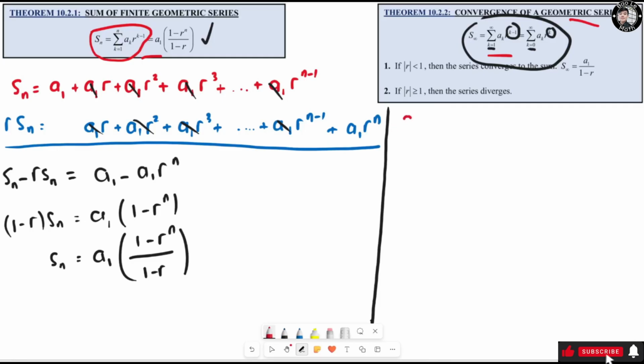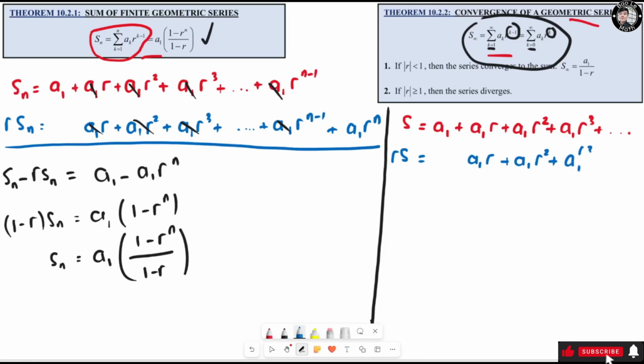So I have S equals a1 plus a1 r plus a1 r squared plus a1 r cubed plus etc. Now I'm going to multiply both sides by r, so I'm going to end up with r S equals a1 r plus a1 r squared plus a1 r cubed plus a1 r to the 4.